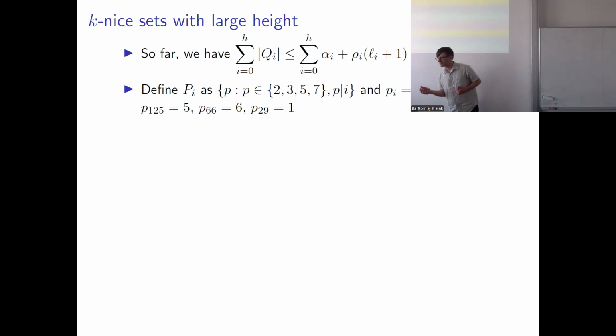So for instance, the prime divisors of 125, it's just 5. It has only one prime divisor, which is 5. And the prime divisors of 66 would now be just 2 and 3, because it has 3 prime divisors, 2, 3, and 11, but we only care about 2 of them.